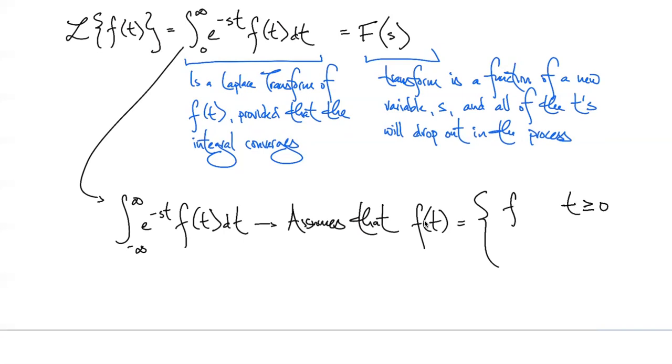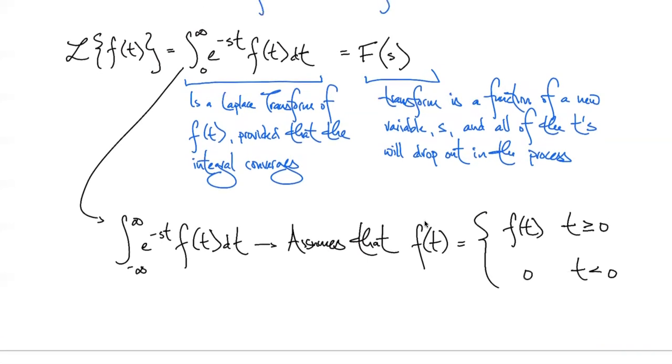And so we're saying that our function is really defined for t greater than or equal to 0. Otherwise, if t is less than 0, we say that the function is defined as 0. Okay, and so that's why we choose to start with this 0 in our formal definition of the Laplace transform, because we're saying no matter what the function is, we really only care about the part of the function that is after t equals 0 and after that point.